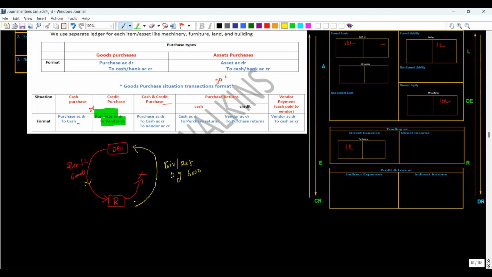After returning the damaged goods to the Dell company, tell me what benefit you receive. Previously we were receiving goods because we did a credit purchase. Now tell me in this situation what we receive. The company is going to receive 6,000 rupees benefit.